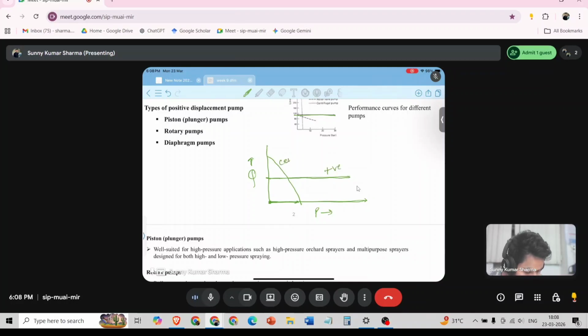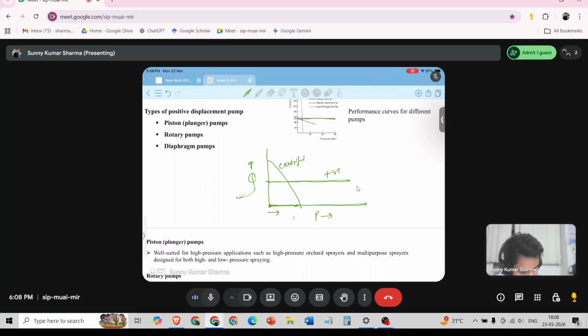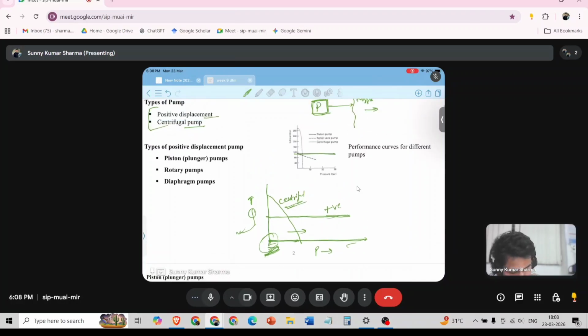In a centrifugal pump, when the pressure increases, discharge suddenly drops. So a positive displacement pump can be used for low as well as high pressure, and a centrifugal pump is not suitable for high pressure.